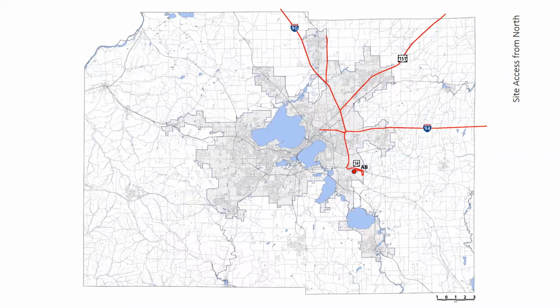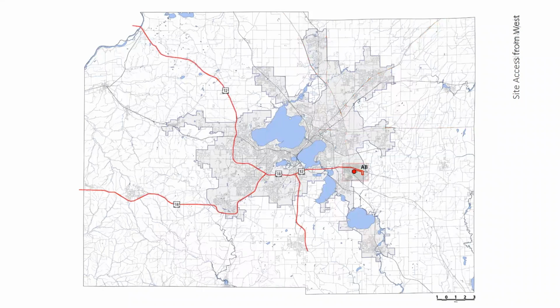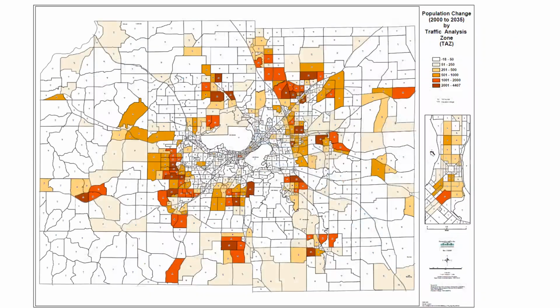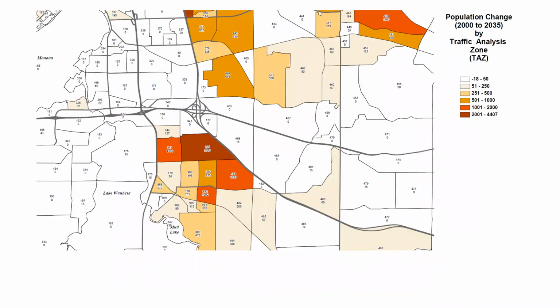Understanding the overall political, jurisdictional, and demographic areas of the site was incredibly important. We knew that our site was in the center of that intersection right there, and the population was going to dramatically increase in the area.